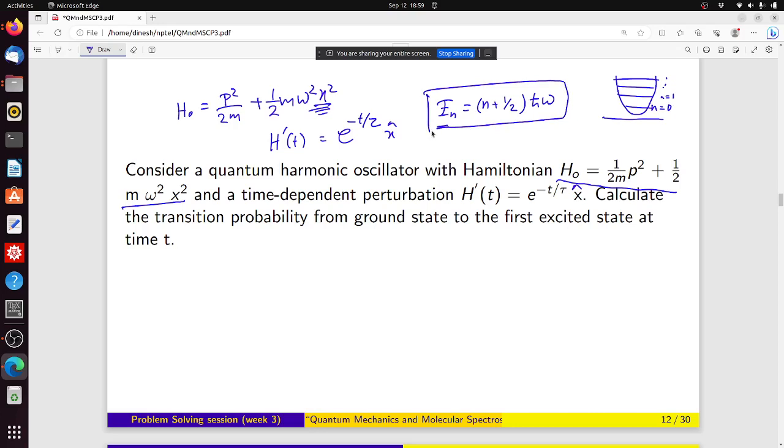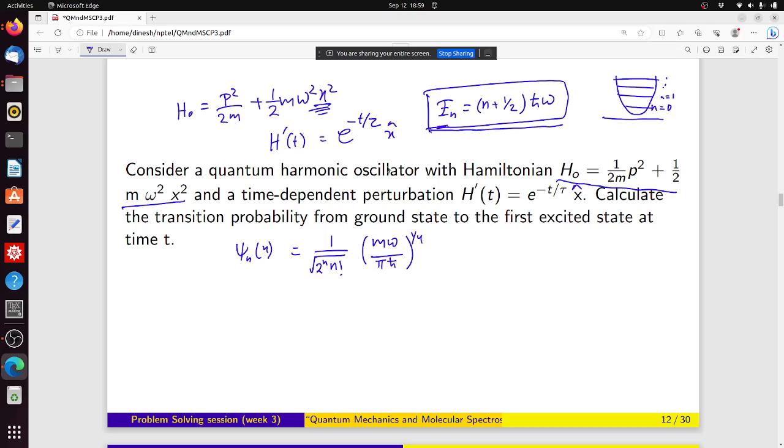Okay, so we did one problem in the last session related to this harmonic oscillator. There we wrote this formula En, and the corresponding eigenfunction we can also write: psi n of x will be, the general form, 1 over root over 2 to the power n factorial, m omega by pi h cross to the power 1 by 4.